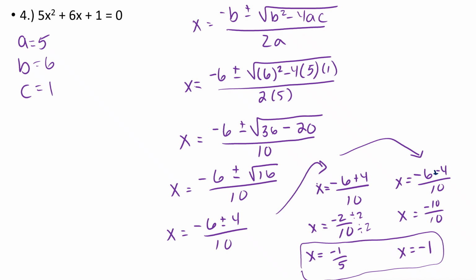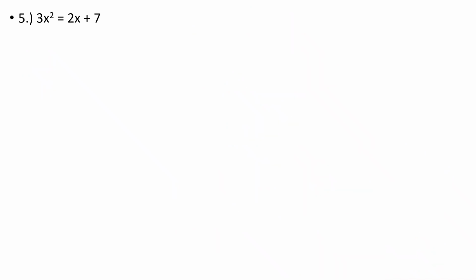All right. And last but not least, we've got this one. Now, this one, same as the one before, you can move the 3x squared over to the left and work with a -a. You can move the 2x and the 7 over to the left. I think I said left one, I meant right, but move them all, like you can move them either way.